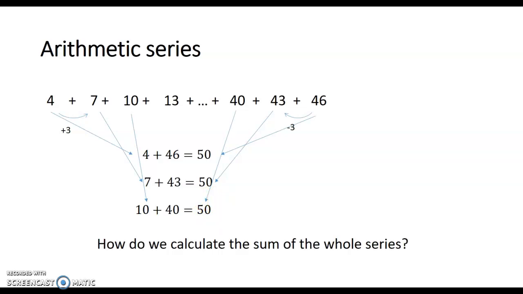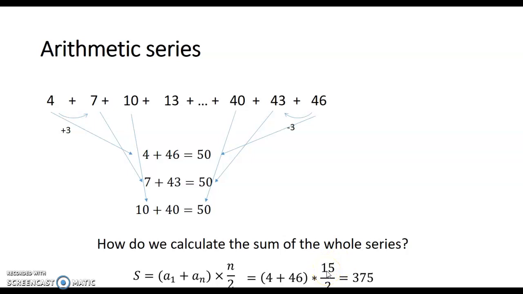Let's have a look. So we need to know only the first and the last, and then multiply with how many pairs we have. In this case that we are looking at, the sum of the first and the last is known, it's 50. And what might be a bit of a surprise, but it does work even in a case where the number of values is an odd number.